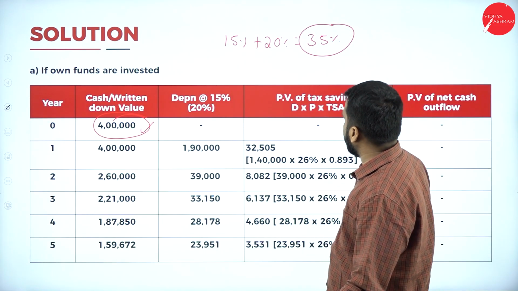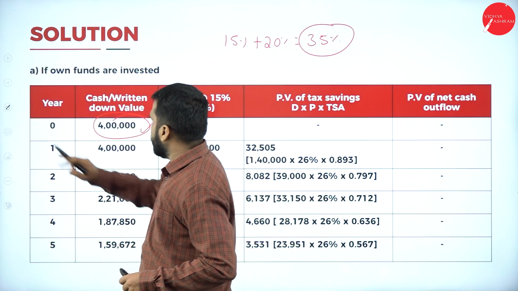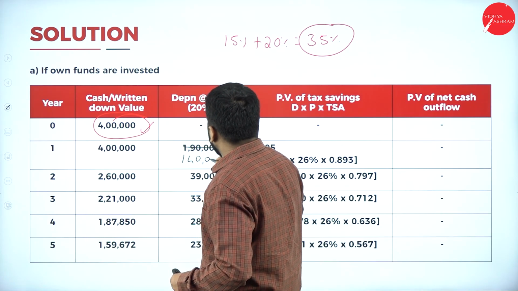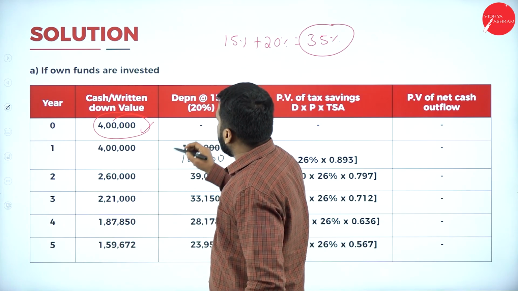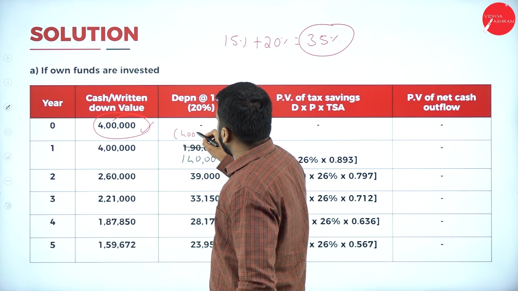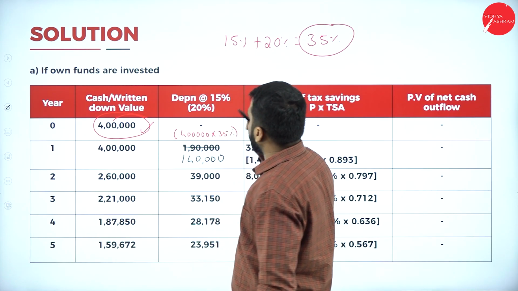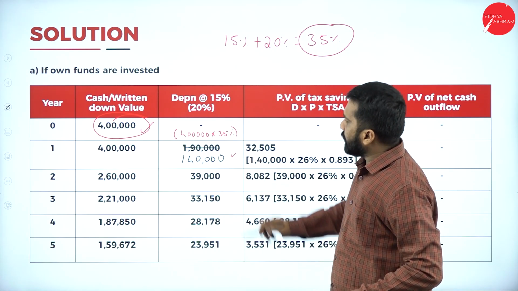So I got 1,40,000. How did you get 1,40,000? Simple. You calculated 4 lakh multiplied with 35%. Hope you are clear. Yes. So you got 1,40,000.